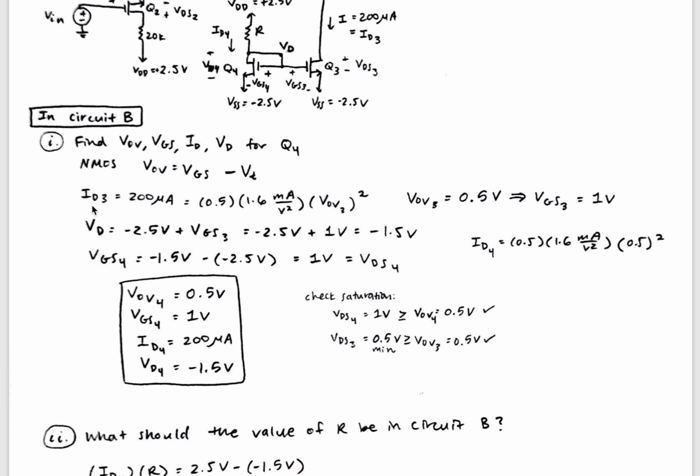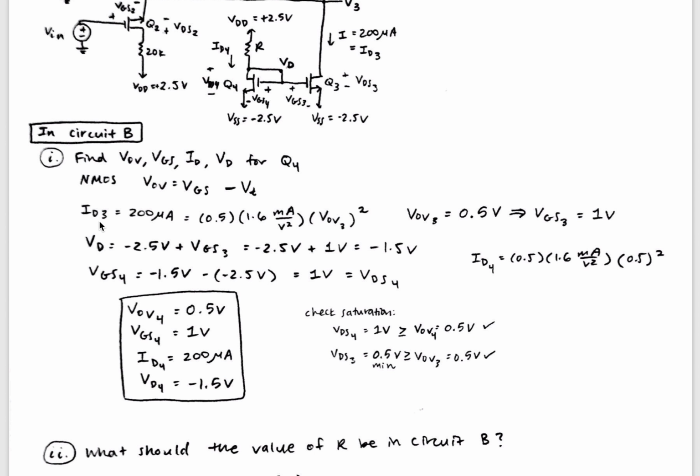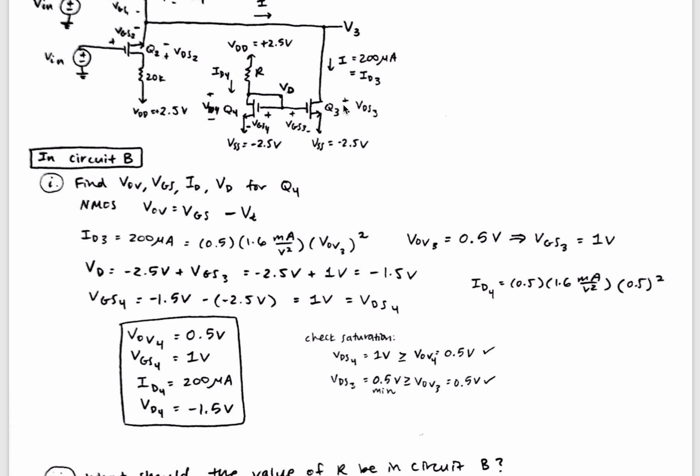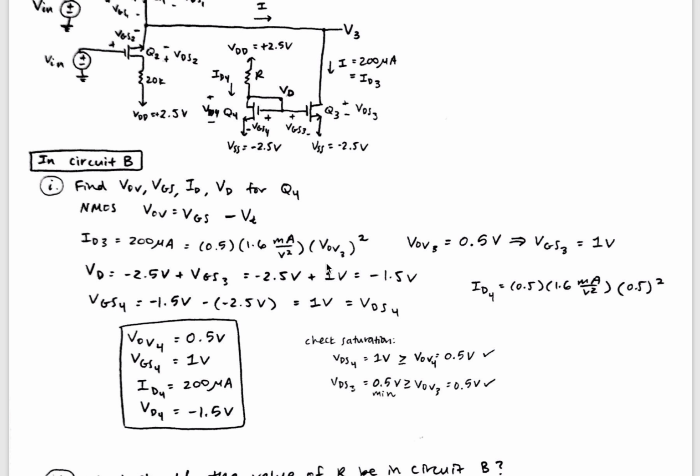We know the value for ID3, this is 200 microamps through Q3. And we know that it's in saturation, and so we know the equation and we can solve for VOV3, which equals 0.5 volts. That gives us VGS3 because VOV equals VGS minus VT, so that's 1 volt.